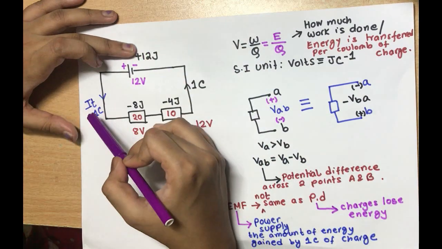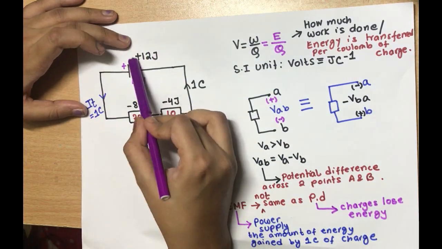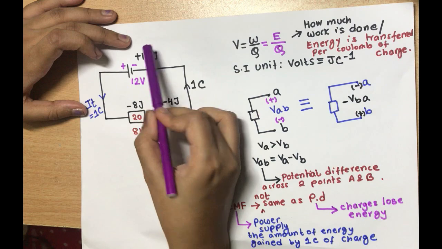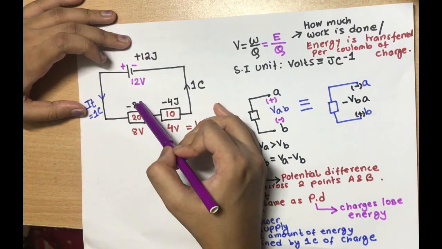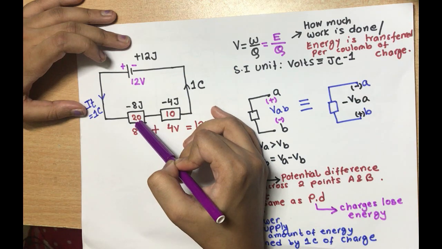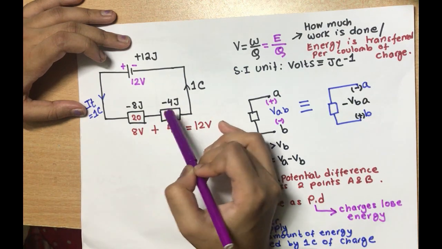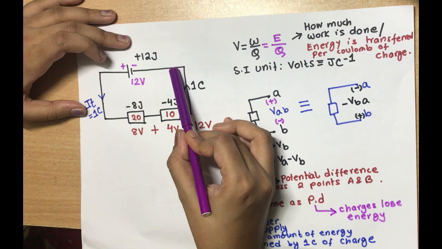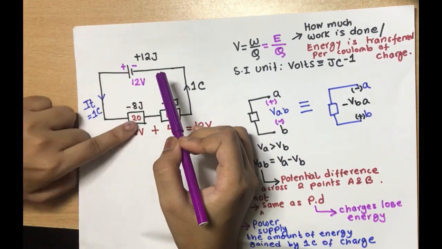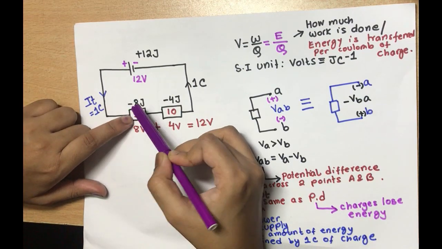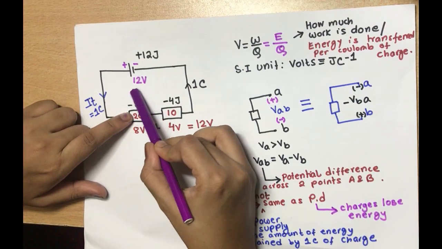Similarly, when this 1 coulomb of charge has gained 12 joules of energy, when it passes through the circuit, it will lose some of the energy until it loses all the energy. So for example, when this 1 coulomb of charge passes through the first resistor, the energy lost is 8 joules.